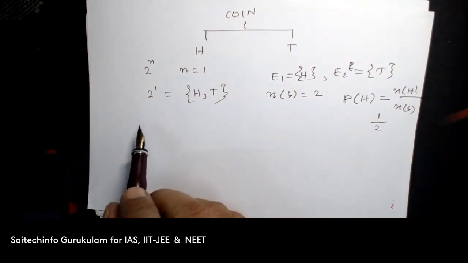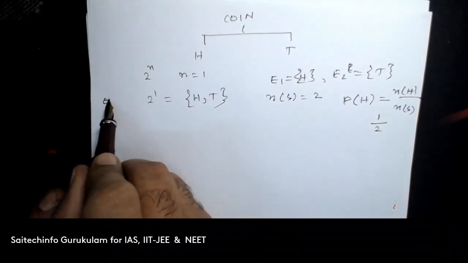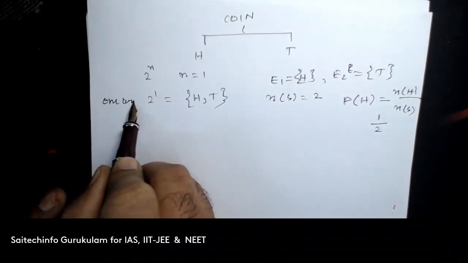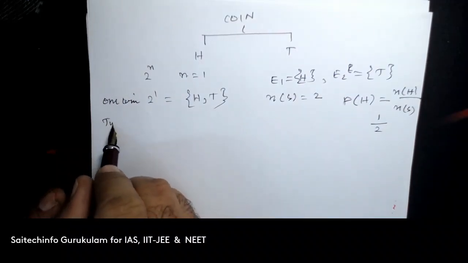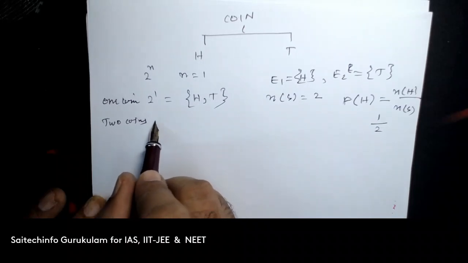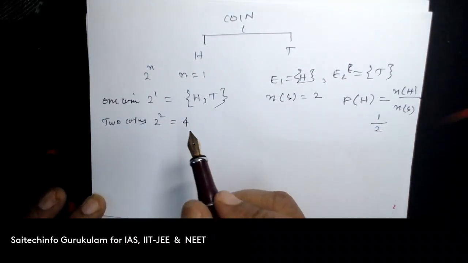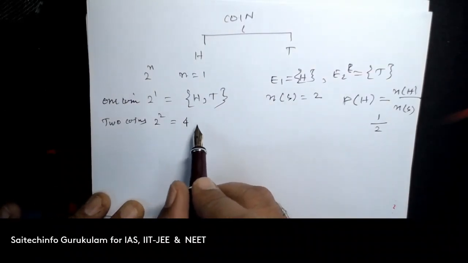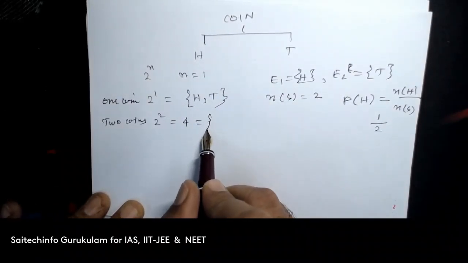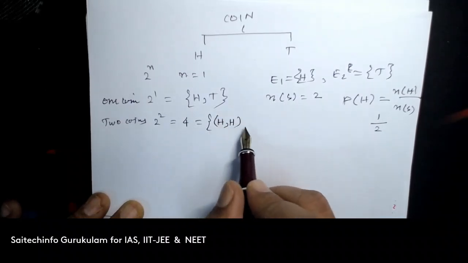Suppose you have two coins. Two coins means n is equal to 2, so 2 power 2. You will have 4 different patterns. For example, head head, this is one set.